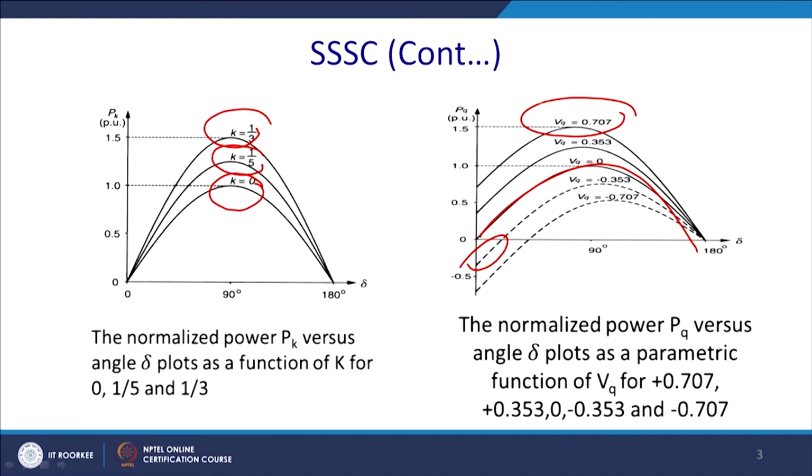The normalized power PQ versus angle delta plots the parametric function for different values of VQ: 1 by root 2 or 0.707, 0.353, minus 0.353 and minus 1 by root 2 or 0.707, and this is a different value for the K.